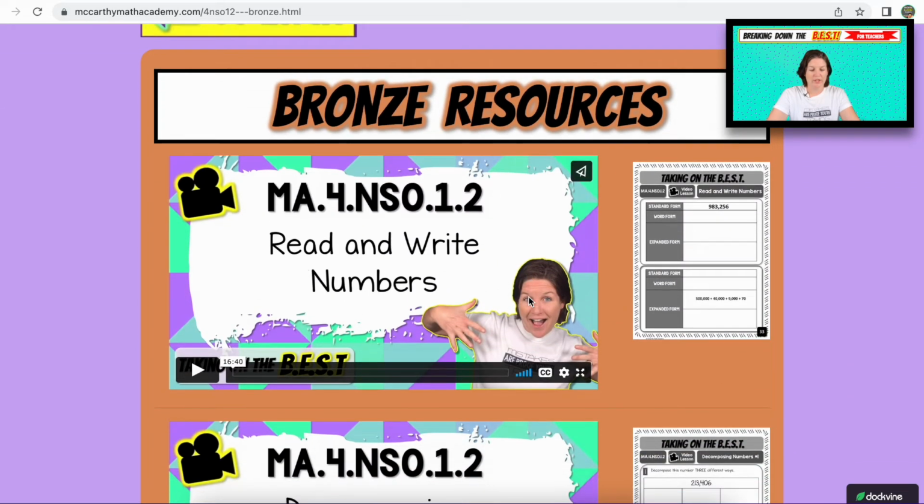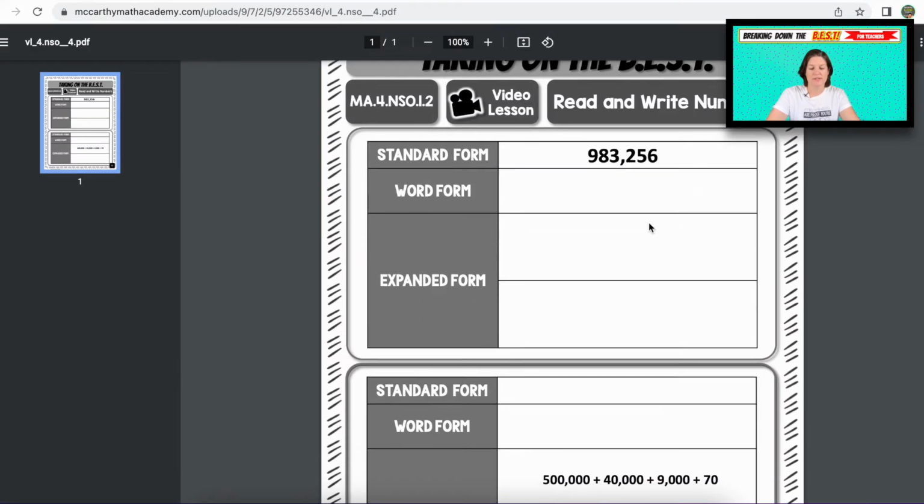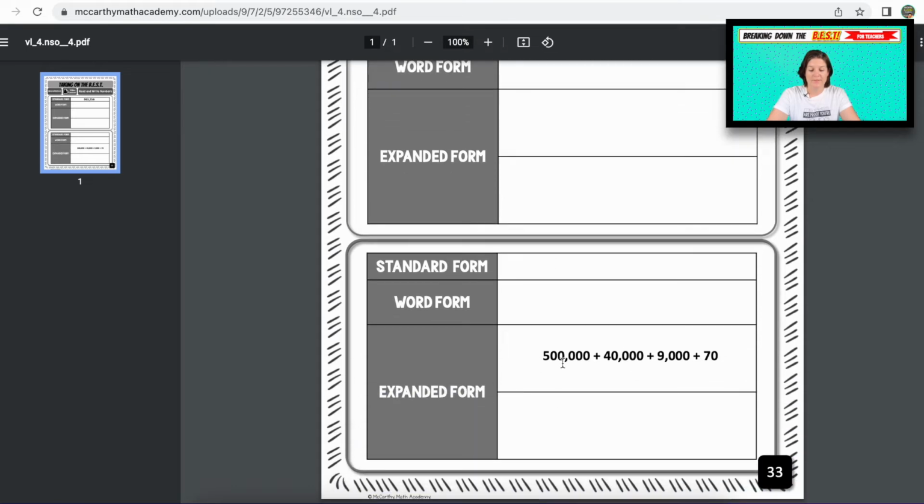Okay, so with fourth grade, you have the reading and writing numbers episode. You have the printable guide that goes with it. You can see in this video lesson, they're given one of the forms and then they have to rewrite the other form. So here's the word form. There's two types of expanded form. This is one of the types.